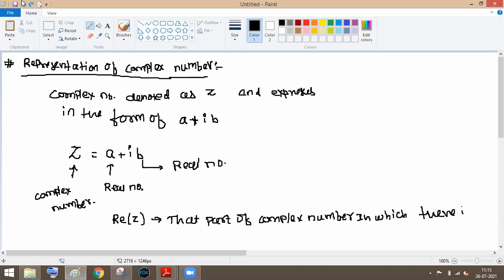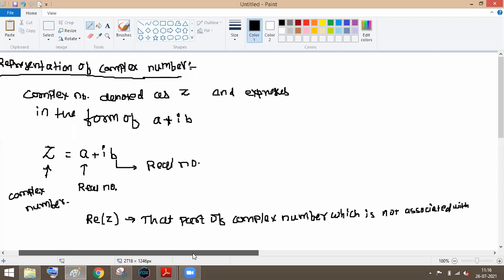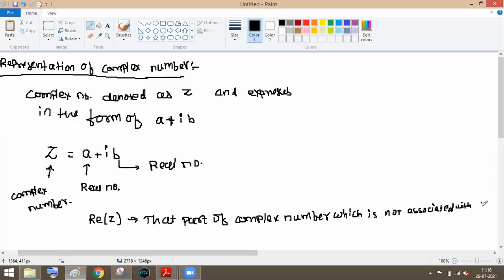Okay, let me write it a bit better: that part of the complex number which is not associated with what?